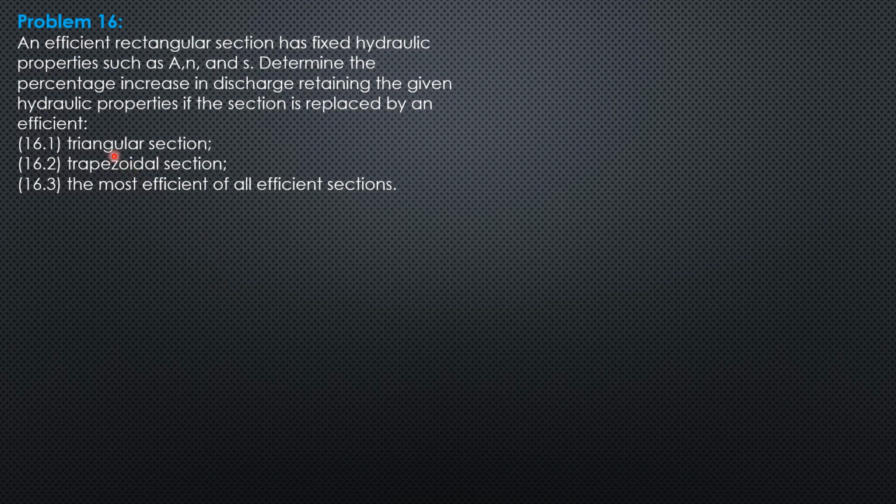an efficient rectangular section. Remember, the width is 2D and the depth is D, so the base is 2D, that's the proportion. Therefore, the depth of flow, in terms of the area which is fixed, is square root of A over 2. Then the formula for discharge is area to the 5/3 S to the 1/2 over N perimeter to the 2/3.